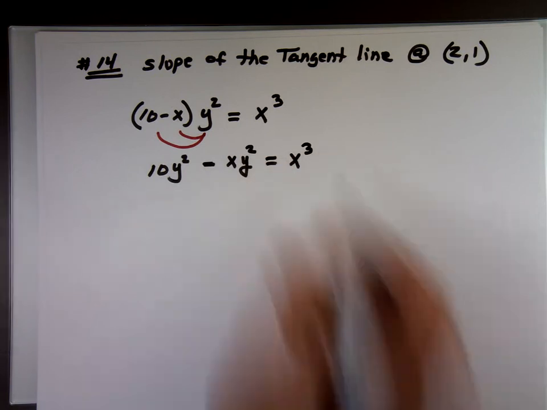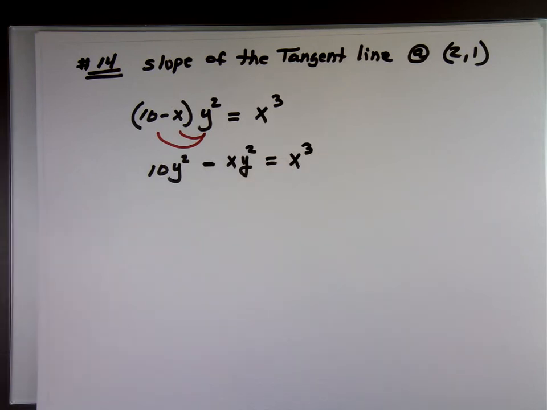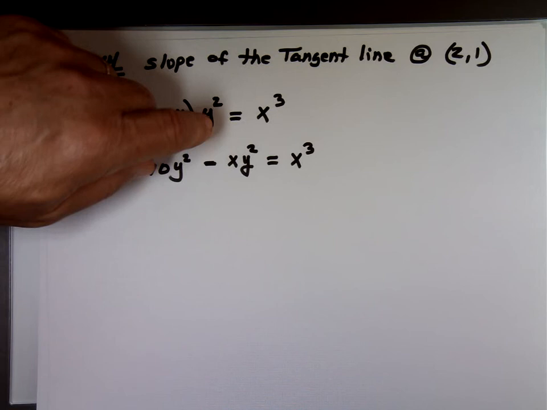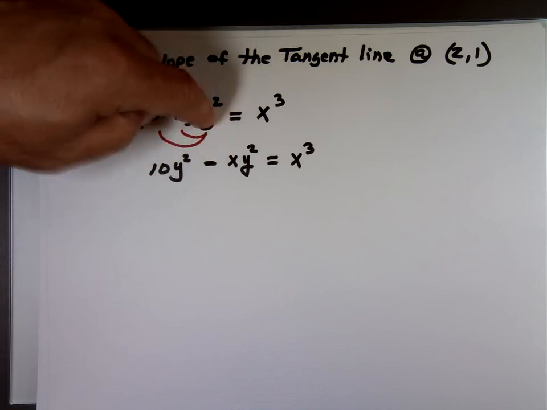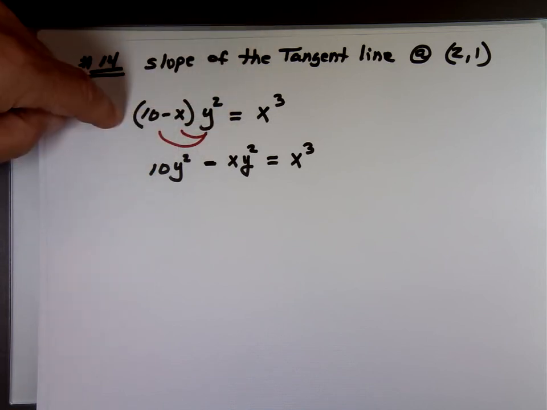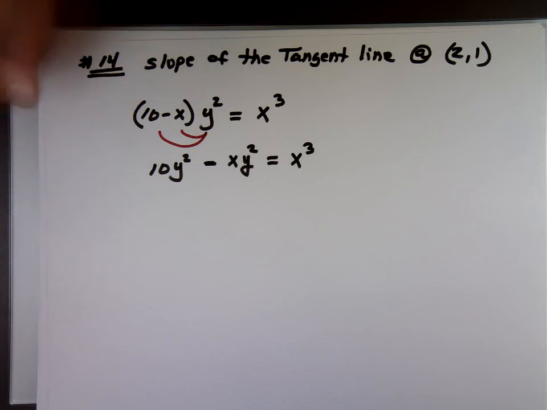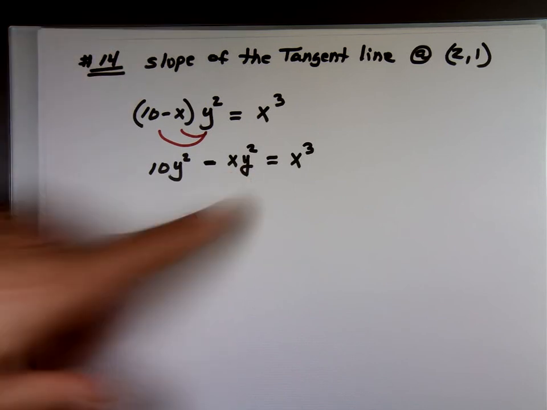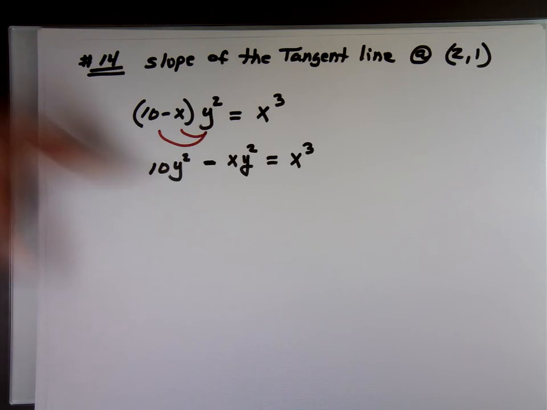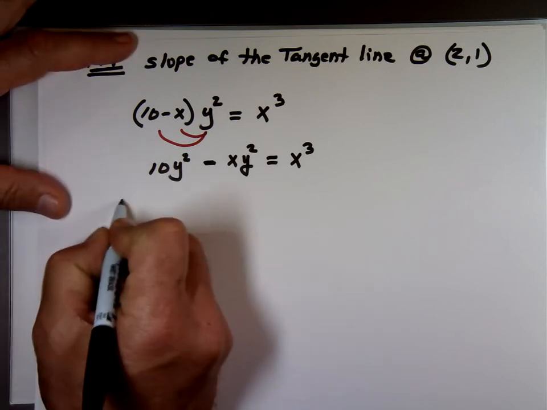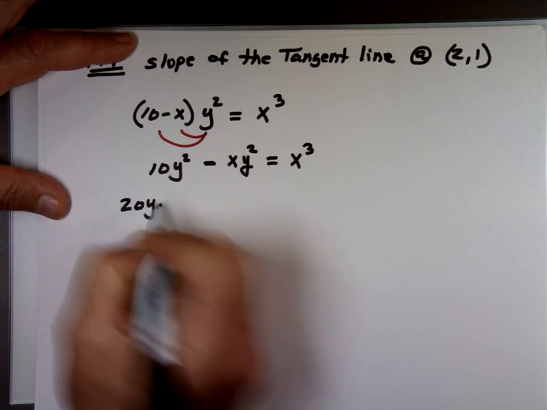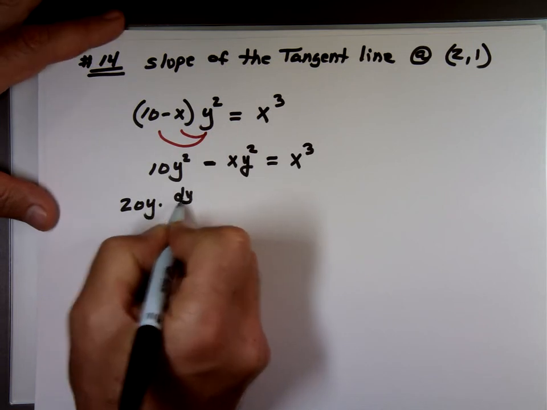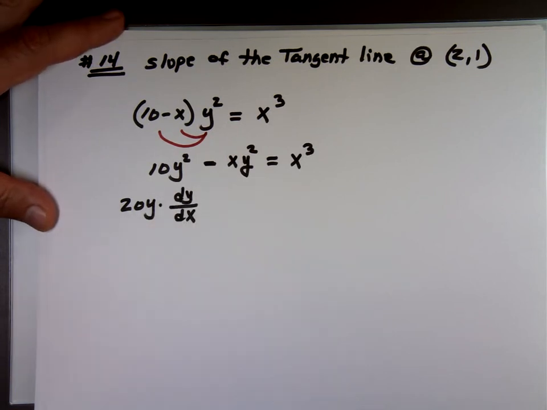I could have left it alone and used the product rule. The first times the derivative of the second, plus the second times the derivative of the first. I'm still going to use the product rule right here. So what's the derivative of 10y squared? 20y times what? dy/dx. Done for that piece. Here's the minus sign.